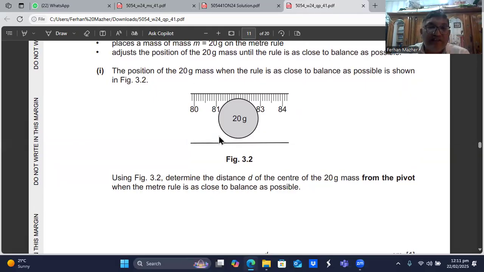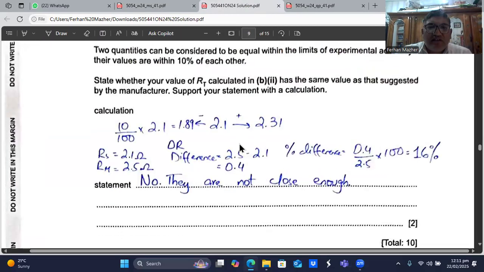You check what this reading is. Let's say approximately this is 81.1 and this reading is 82.9 or 82.8.